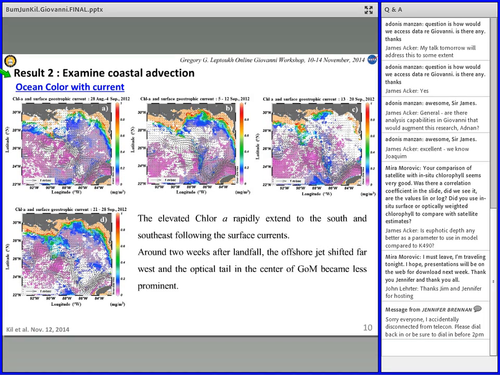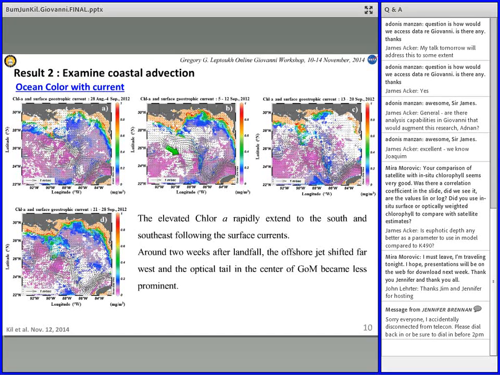So even if we can find this result, like shown in this presentation, an advection pattern of chlorophyll A following the geostrophic current, as you can see, we can still have missing data right here.